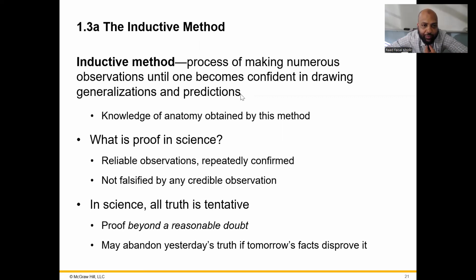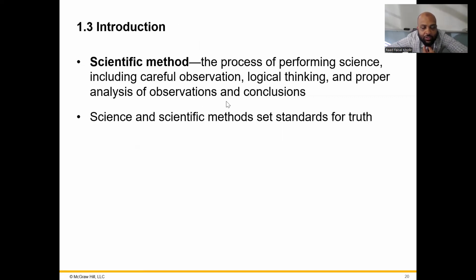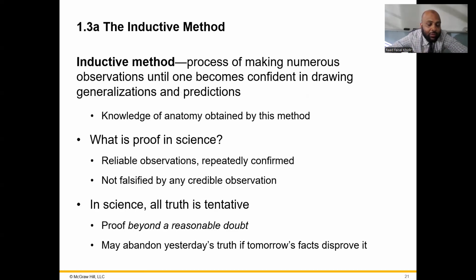The scientific method is the process of performing science, including careful observation, logical thinking, and proper analysis of the observations and making conclusions. Science and scientific methods set standards for truth. So now let's learn more about that.